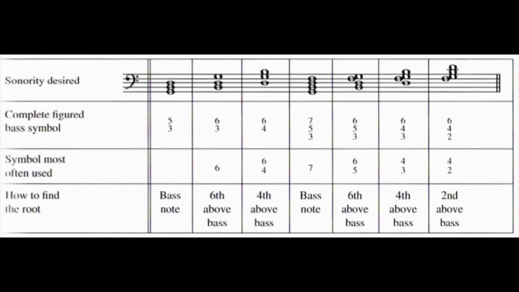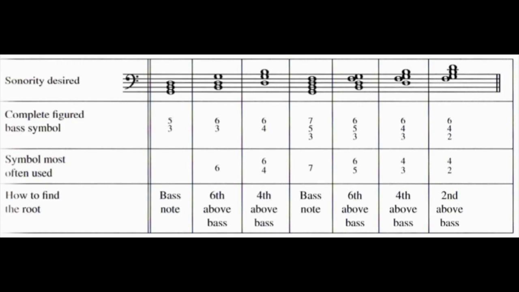Because what you would be telling the player is, if you see this G, you want to play a 3rd above it and a 5th above it. In our modern day system, we do not bother putting in 5-3.